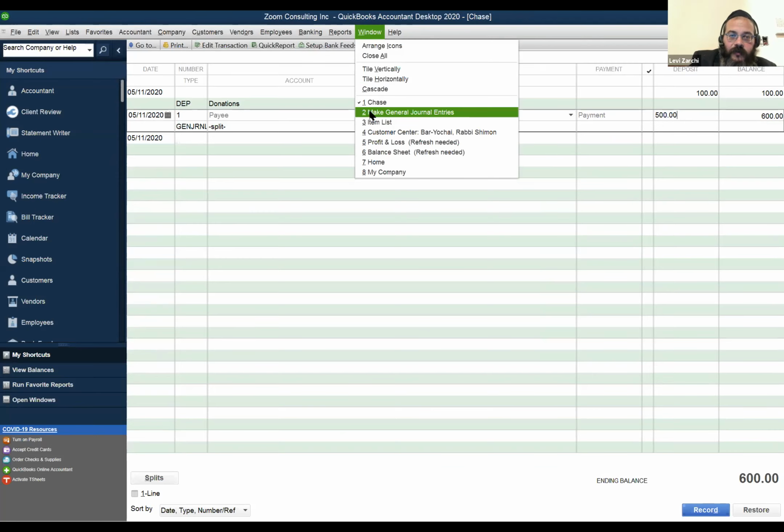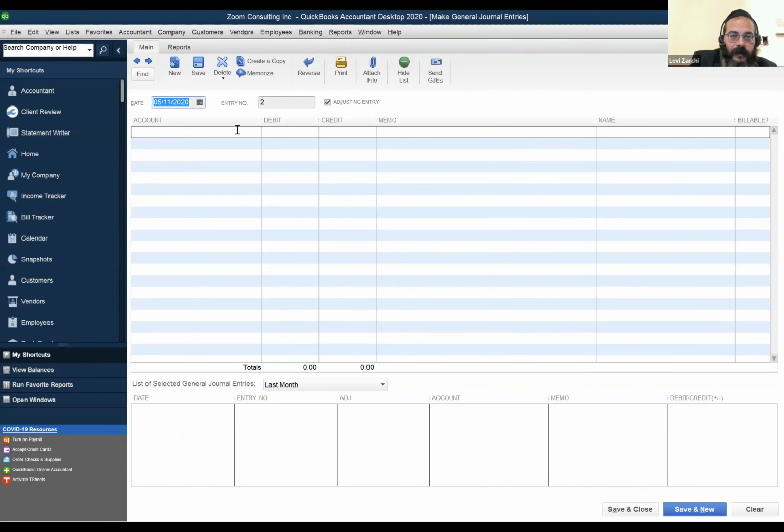I create a new general journal entry, and I'm going to put in another donation. So if I'm receiving it, and I tell you you could do debits and credits out of order, I received $50. Automatically, QuickBooks, when I go on to the next line, is going to put me a debit. What is the debit? The debit is, I put in my bank.